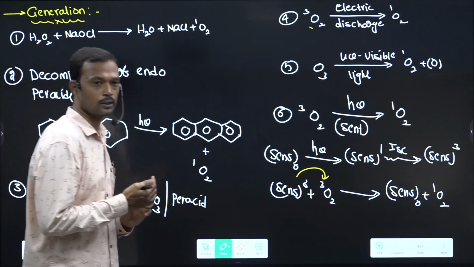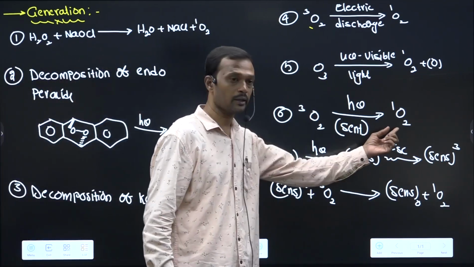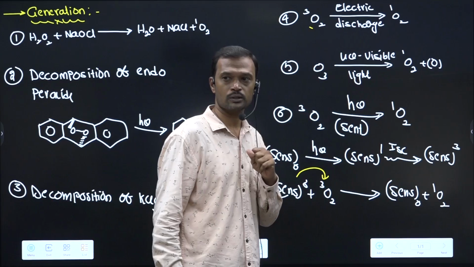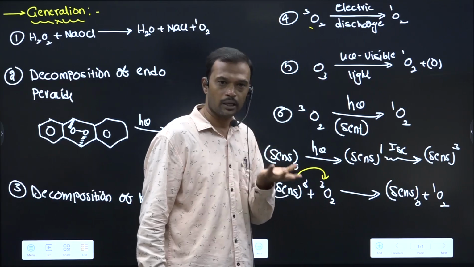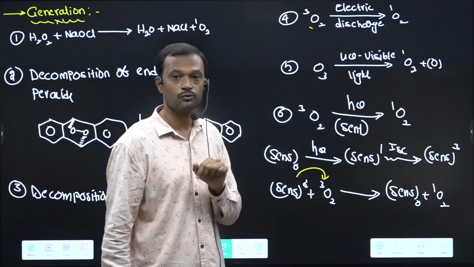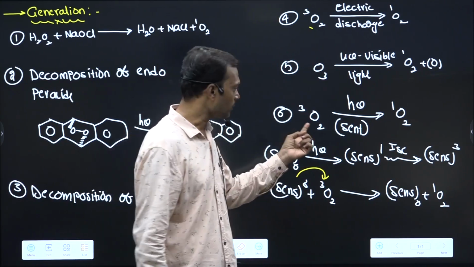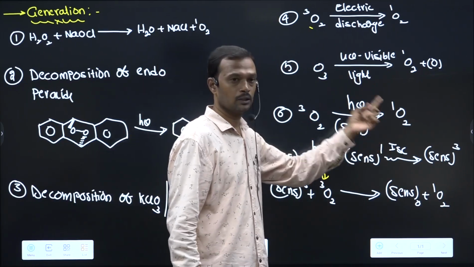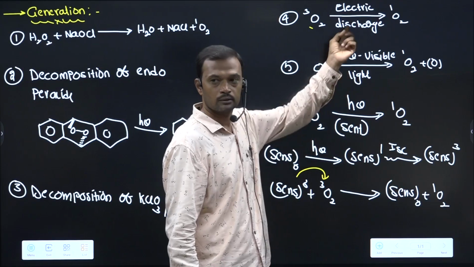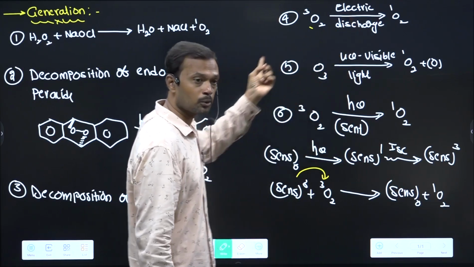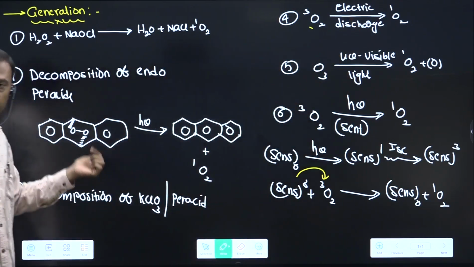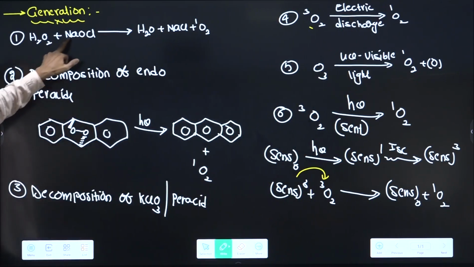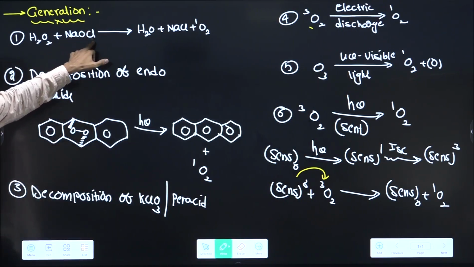Our target is to prepare singlet oxygen. Why are you preparing singlet oxygen? Normally triplet oxygen is not suitable for oxidation of organic molecules. That's why I am converting triplet to singlet. So you can use UV light, electric discharge, decomposition methods and direct chemical reaction between peroxide and sodium hypochlorite.